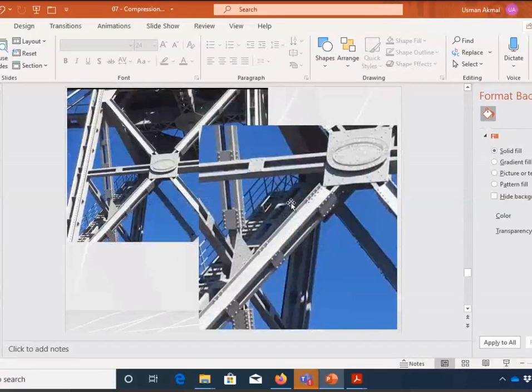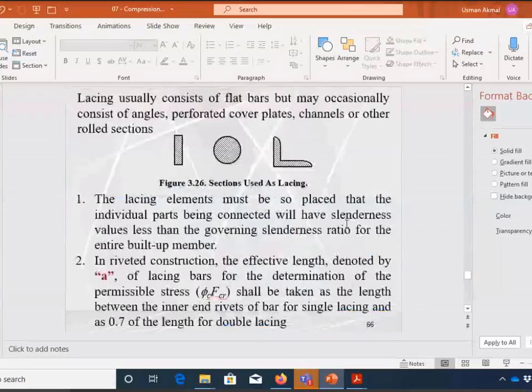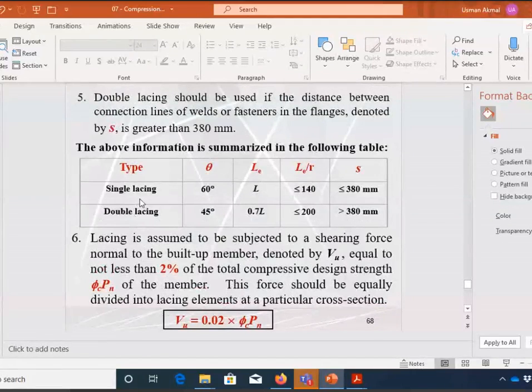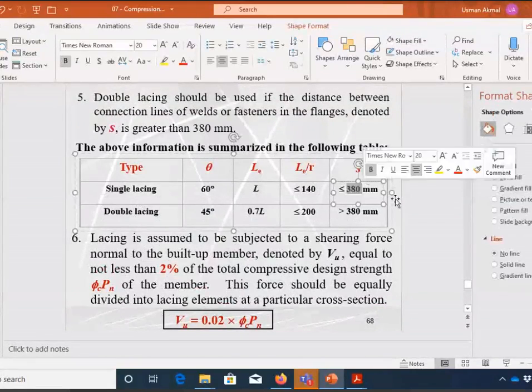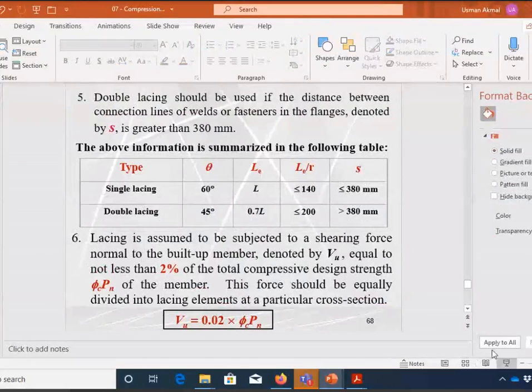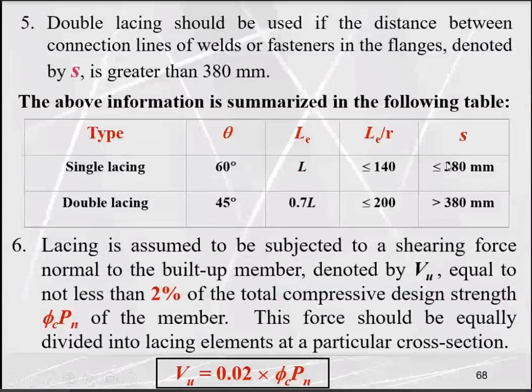Now if this S value is less than 380, then we will select the single lacing. So the decision regarding the lacing will be taken upon this S value. Double lacing should be used if the distance between connection lines of weld or fastener in flanges, denoted by S, is greater than 380.